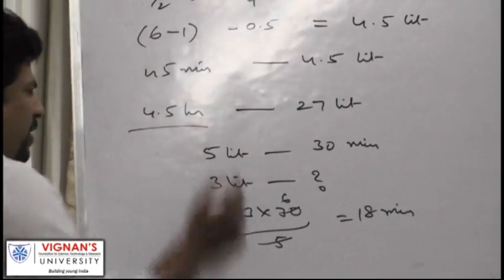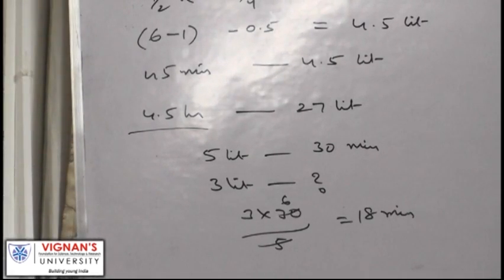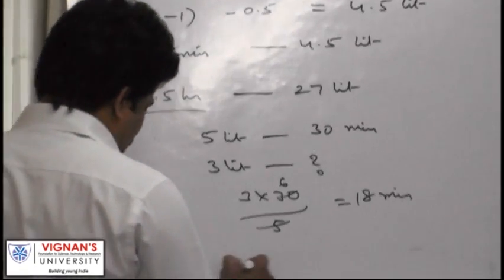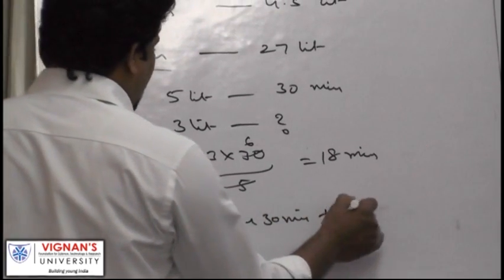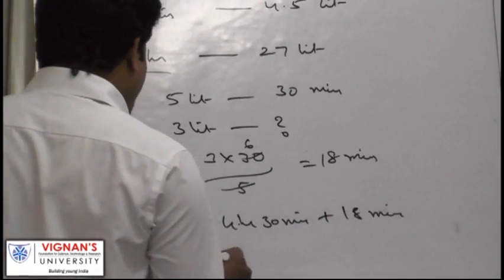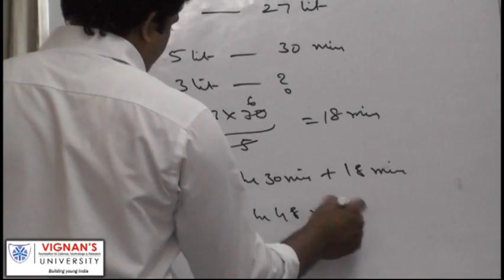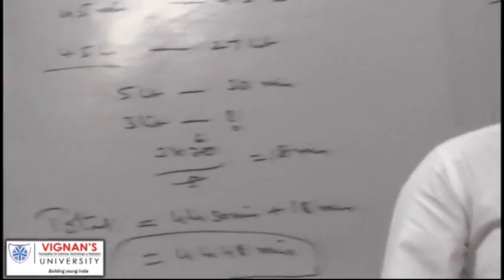So 4.5 hours, it means 4 hours 30 minutes plus another 18 minutes. So what is the total time? 4 hours 30 minutes plus 18 minutes is 4 hours 48 minutes. So in 4 hours 48 minutes, the tank will be filled.